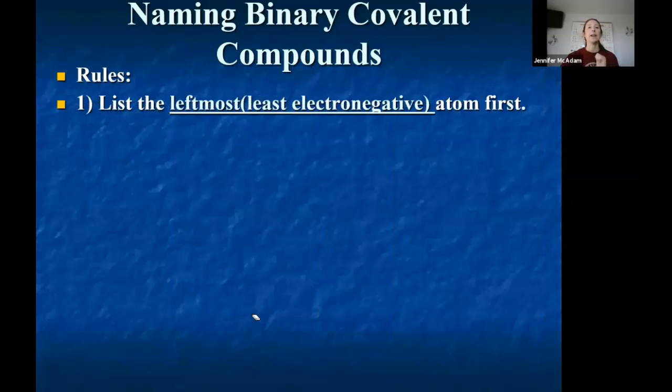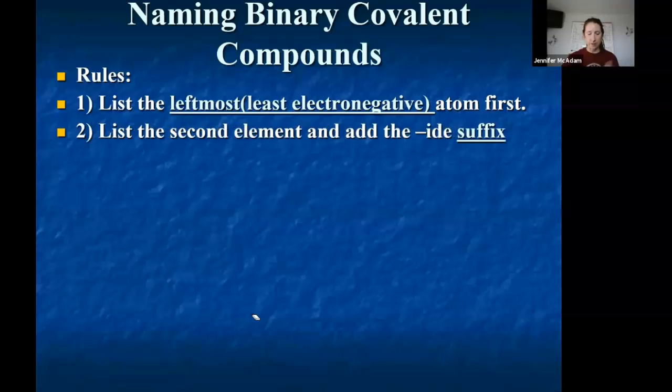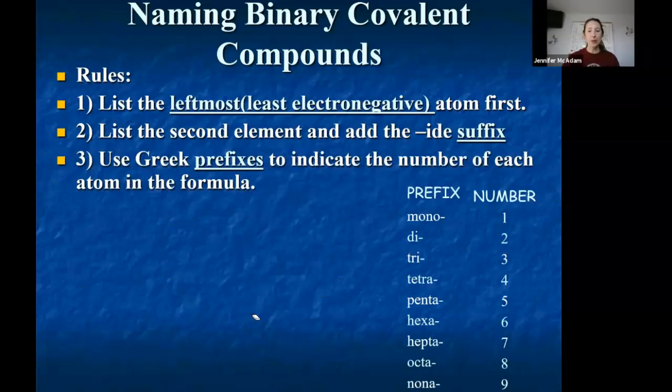Rule 1, list the leftmost atom first; we haven't talked about electronegativity yet. Number 2, change the last one to "-ide". Number 3, use Greek prefixes to indicate the number of atoms.